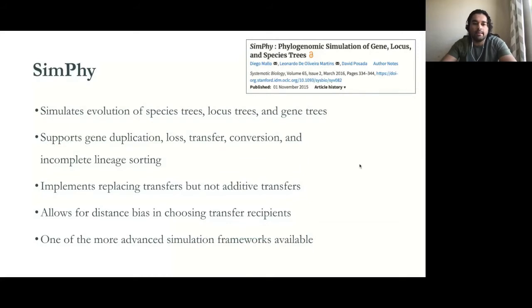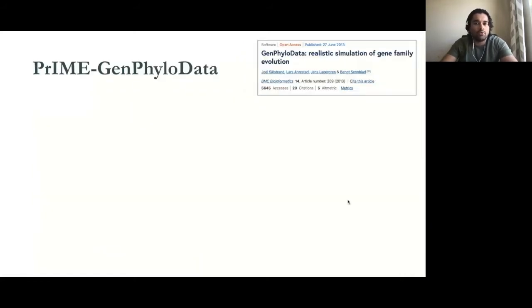And this is generally one of the more advanced simulation frameworks that's available, and we definitely want to take some of the ideas here and add the ideas regarding domain transfers and a few other things to what is already existing in this framework. And there's also another framework called Prime Gen Phylodata.